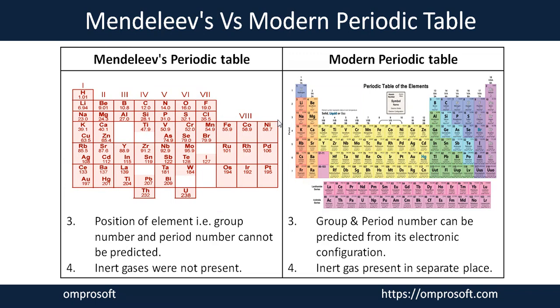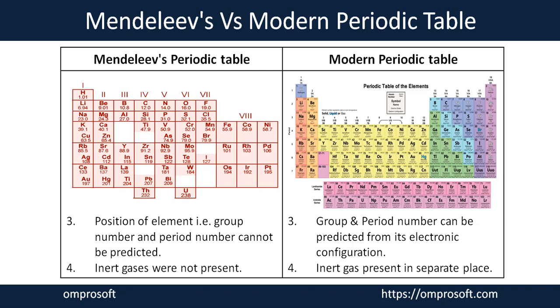Now, more differences. The position of elements in a group or in a period is not predicted in Mendeleev's periodic table. But in the modern periodic table, the group number and the period number can be predicted from the element's electronic configuration. Because Moseley said any element's chemical and physical nature is decided by the arrangement of electrons present in their shells.